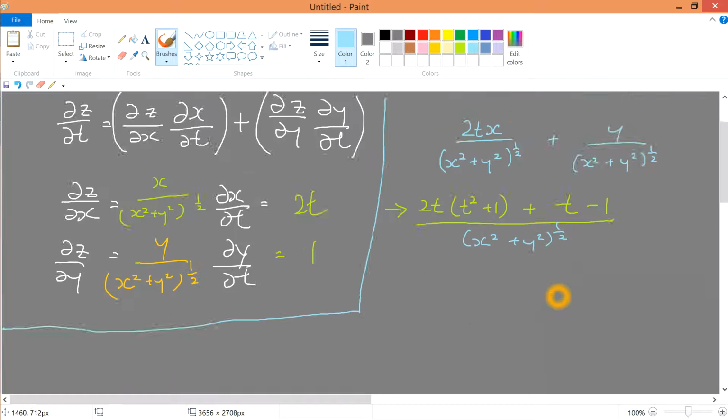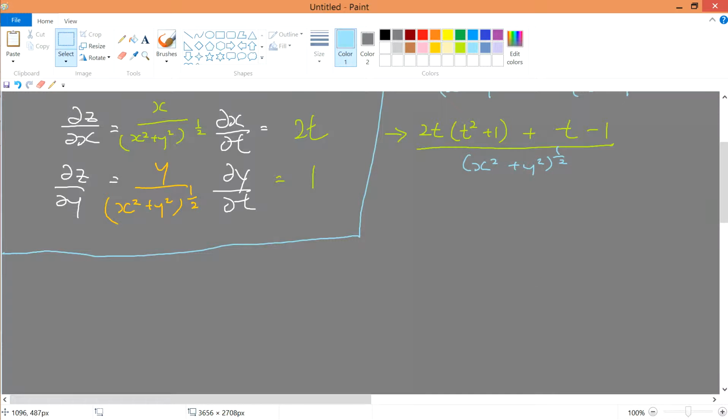Okay, now let's elaborate on this over here. You can just keep this as an answer. This is just the answer itself, but if you want to make it nice, then hold on. Actually no, I forgot that this is in terms of x and y also. So I'm going to put them out also.